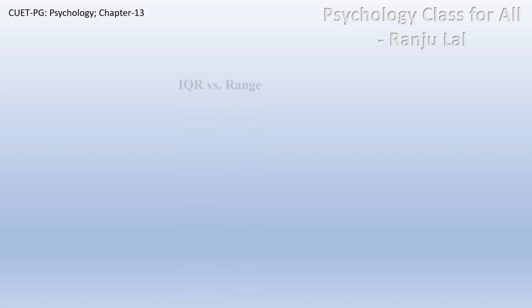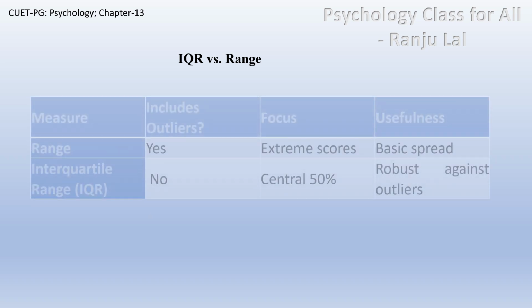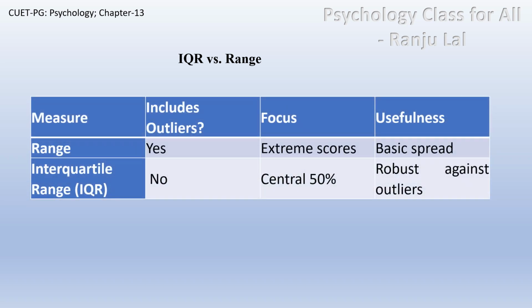Now about the comparison between IQR versus range. I have depicted it in this table. The first column talks about the measure, like range and interquartile range. When we talk about whether outliers are included or not, range includes the outliers, but interquartile range does not.